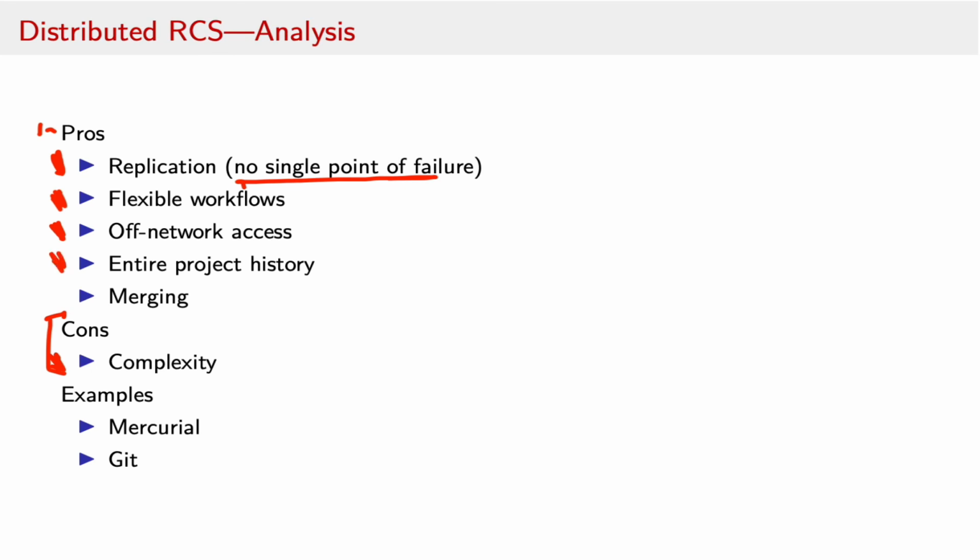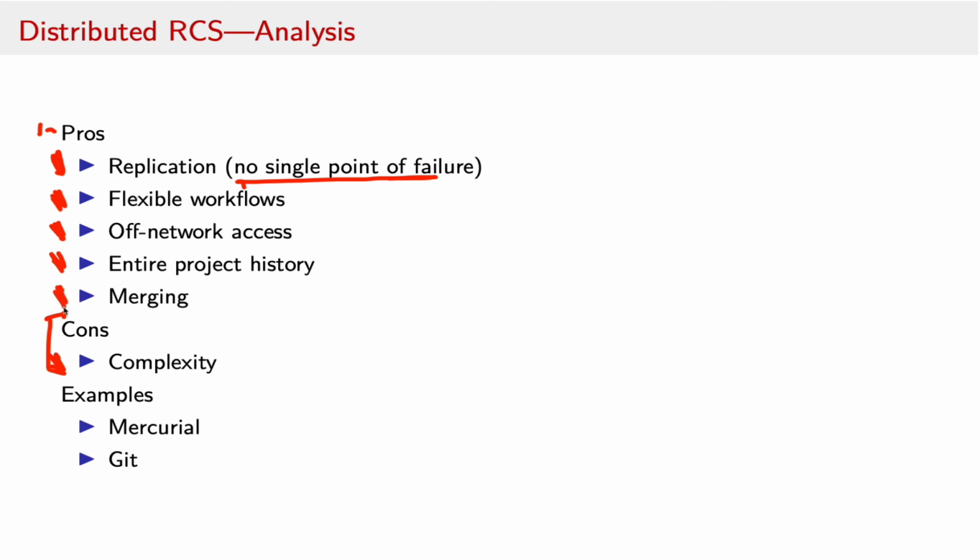I said before that in the centralized system, when you did a checkout, you'd normally only get the latest version of all the files in that project. So on your local machine, you don't have access to the history. You just have the latest and greatest. Whereas in the distributed case, where you have the local copy of the entire repo right with your working sandbox, you have the whole project there.